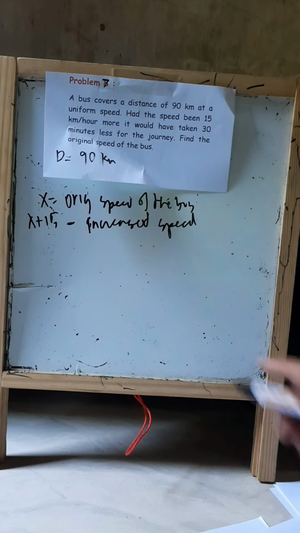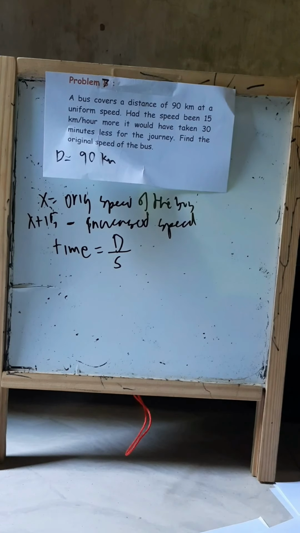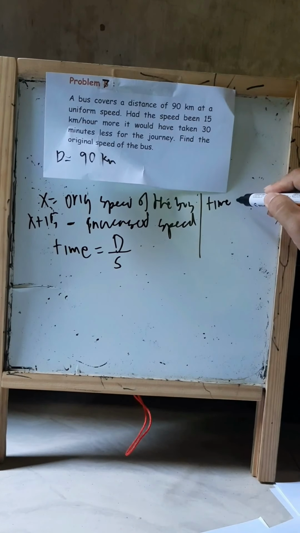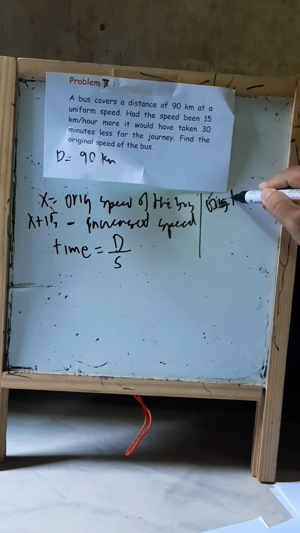Let us use the formula: time is equal to distance over speed. So what is the time taken by the bus when it travels at the original speed? The original time is 90 over x.